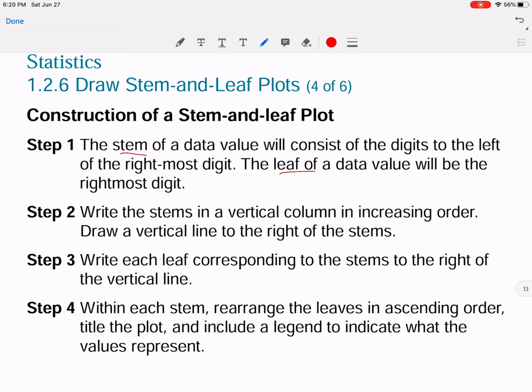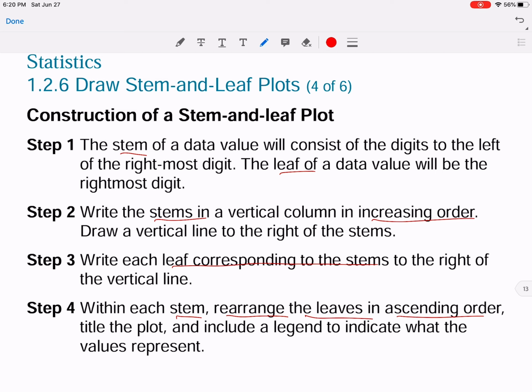Step 2, write the stems in a vertical column in increasing order. Draw a vertical line to the right of the stems. Step 3, write each leaf corresponding to the stems to the right of the vertical line. That's what we did. Step 4, within each stem, rearrange the leaves in ascending order.